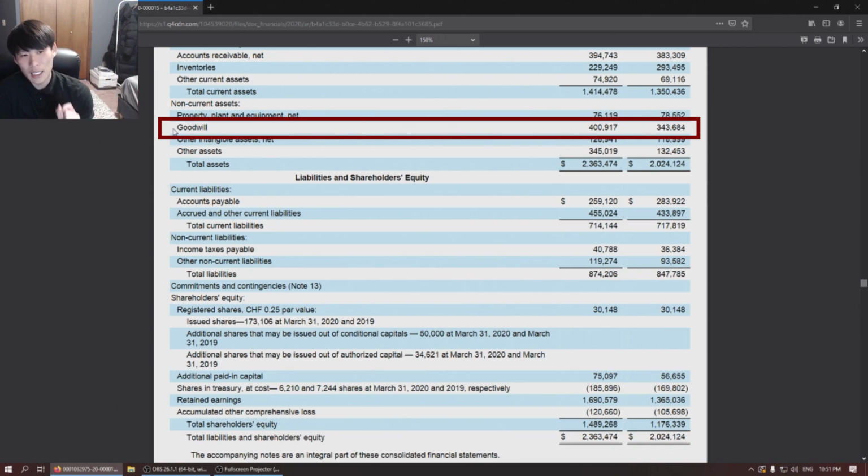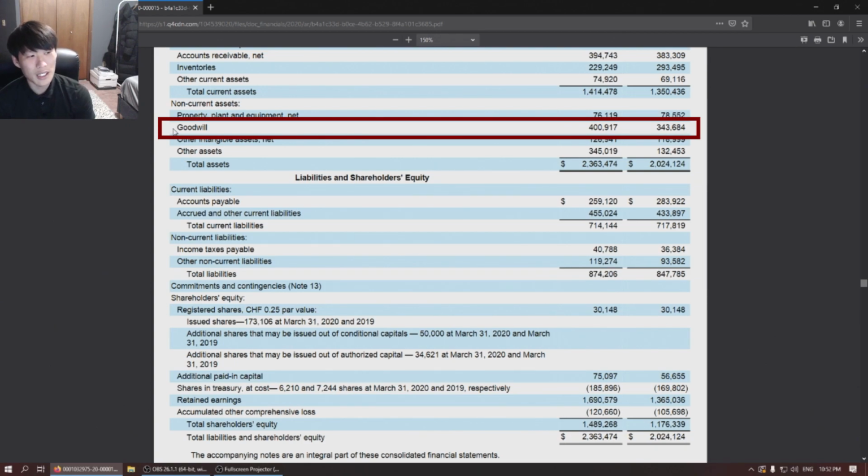I know in 2019, I did look a little bit into it. The goodwill of $343 million was $343 million above the value of a company called Blue, which produces mics. I think a lot of people have these Blue Yeti Snowball mics. And so that is what goes in goodwill. It's not a random made up number. It's a number that means something when it comes to companies purchasing other companies.